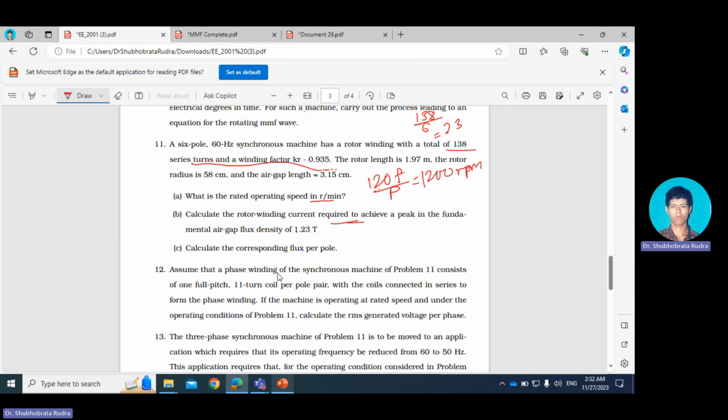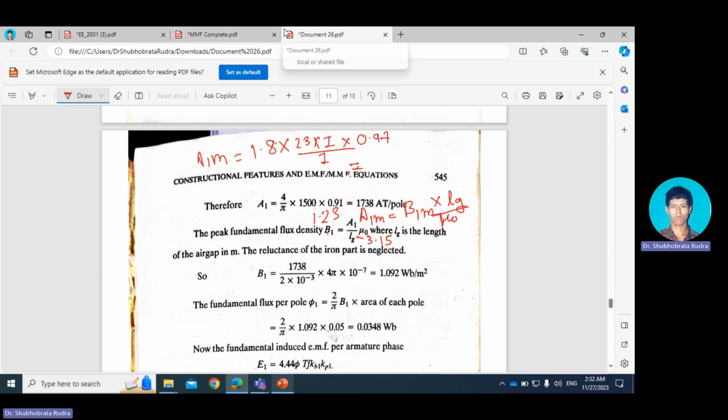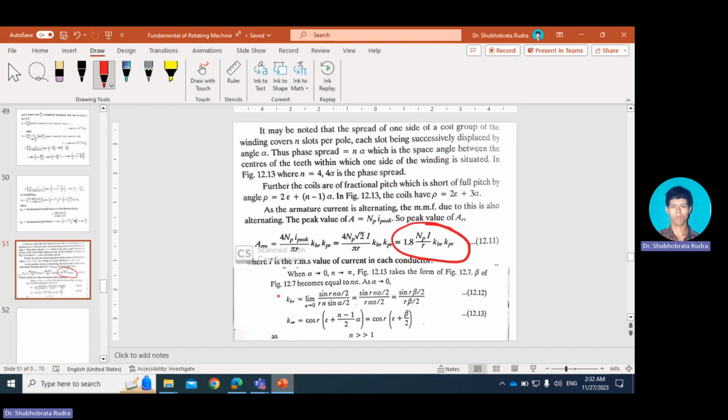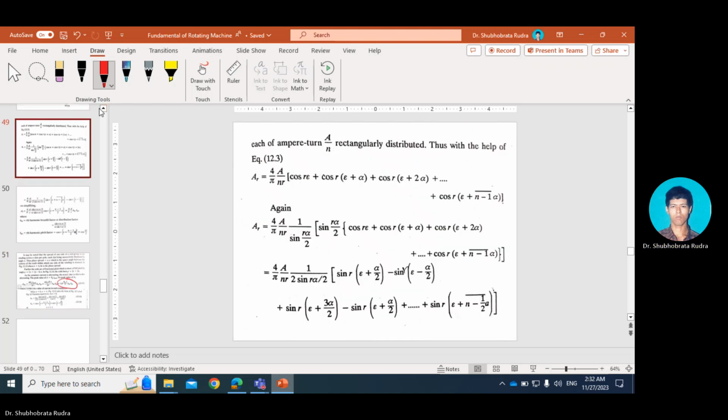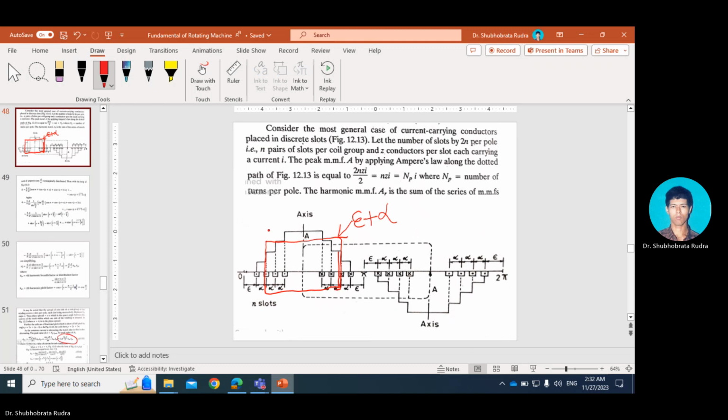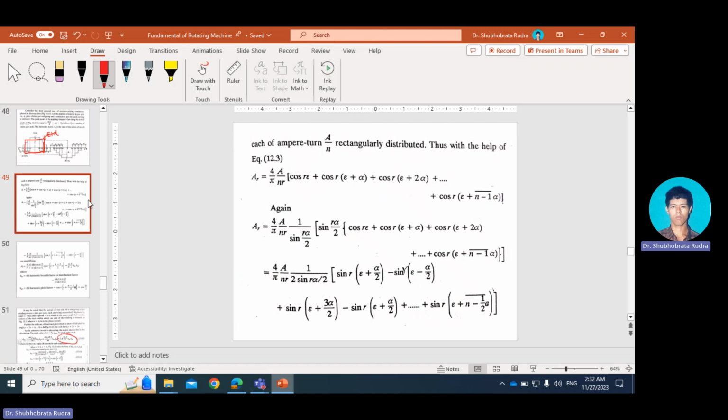Now we have to calculate the corresponding flux per pole. In that case, you should take the A1M. Here, be very careful. One thing you should understand, this A1M is different from this one. Here you should use this part.